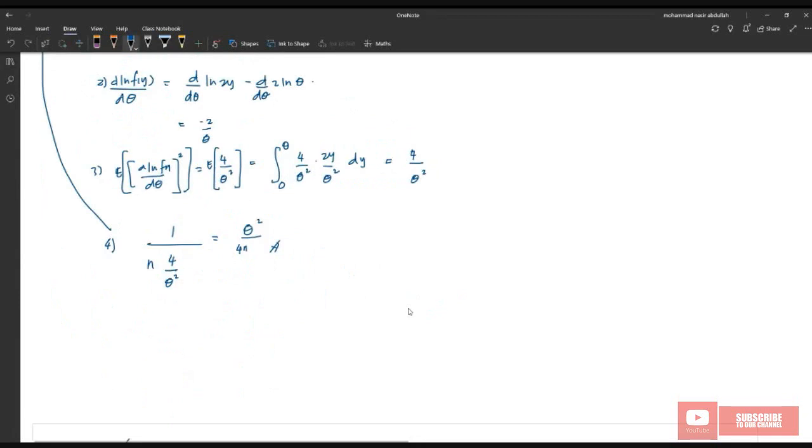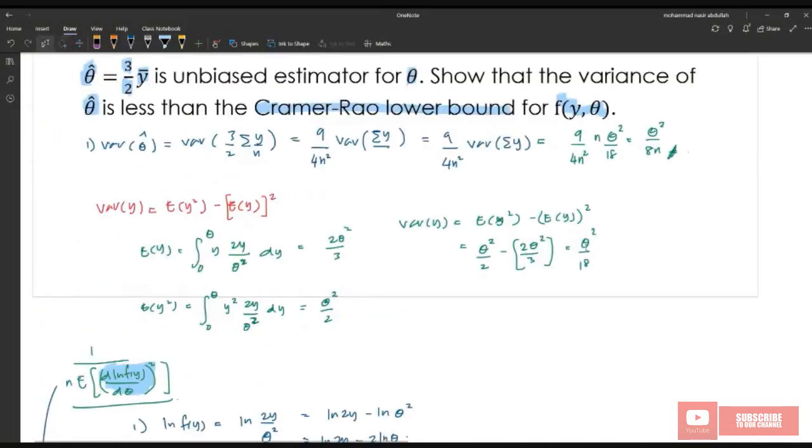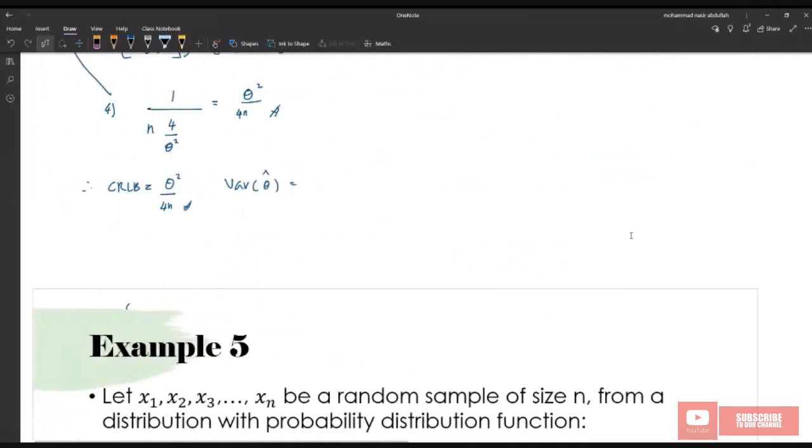So from here, the Cramer-Rao lower bound is equal to theta squared over 4n, while the variance of theta hat is equal to theta squared over 8n.